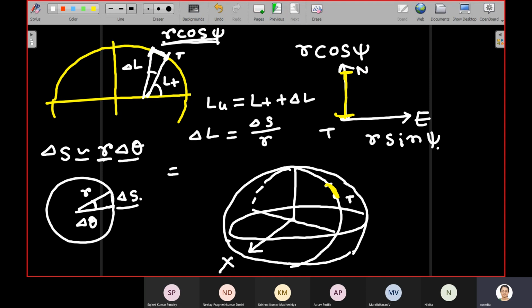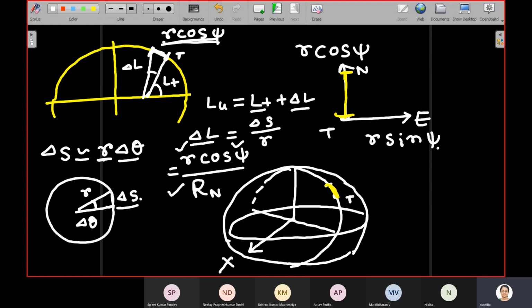Delta S is R cos psi. And what is Rn? Rn is the north-south radius of curvature at the transmitter. We know that the north-south radius of curvature is a function of latitude, and you know the transmitter latitude, so you can find Rn. R is measured, psi is measured, you can find delta L, and then you just add that delta L to LT.